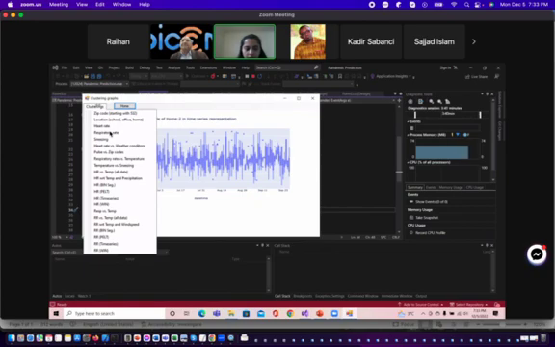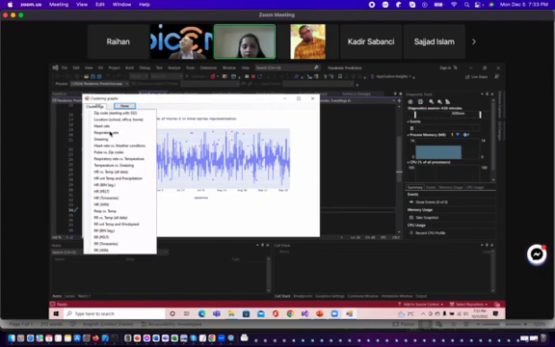Using the 4 algorithms, two of them work perfectly well. The first algorithm is the pruned exact linear time search method, that is the PELT method.